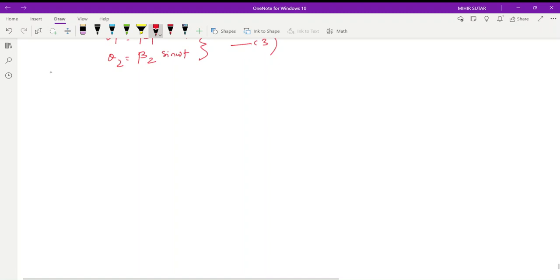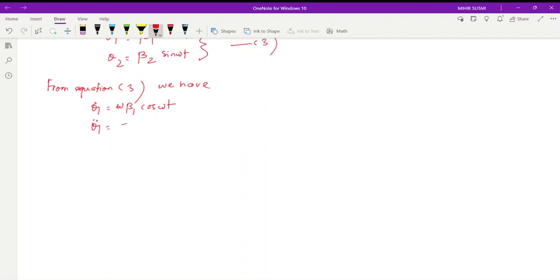So from equation 3, we have theta 1 dot is equal to omega beta 1 cos omega t and theta 1 double dot is equal to minus omega square beta 1 sin omega t, and theta 2 dot is omega beta 2 cos omega t.